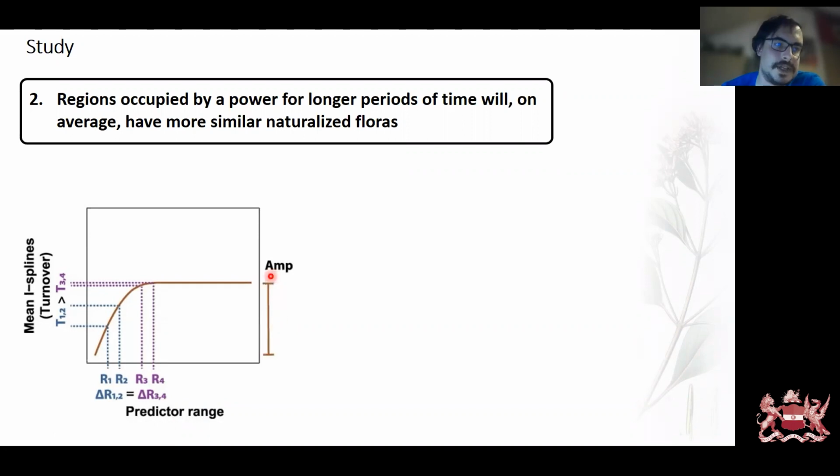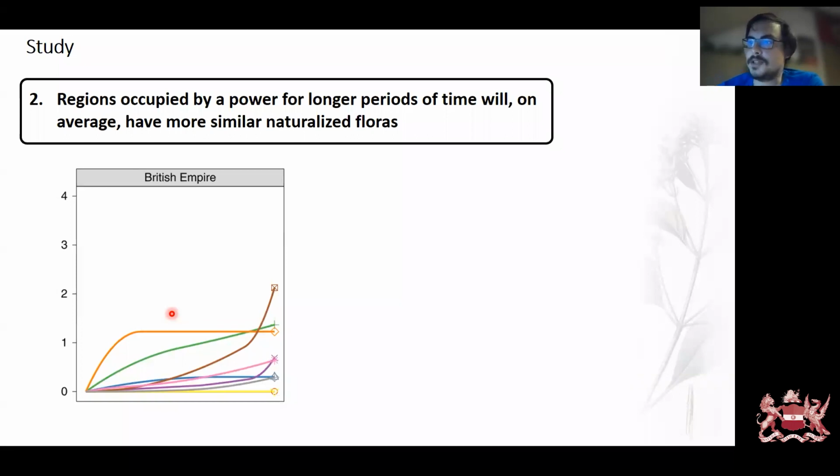So if the amplitude is high, the predictor is more important in explaining the current patterns than others. And the slope of the spline we fitted using generalized dissimilarity models indicates differences in the influence of this predictor on turnover across the predictor range. So for example, here we have a larger impact on turnover between R1 and R2 than between R3 and R4, given that the predictor range change between the two regions stays the same.